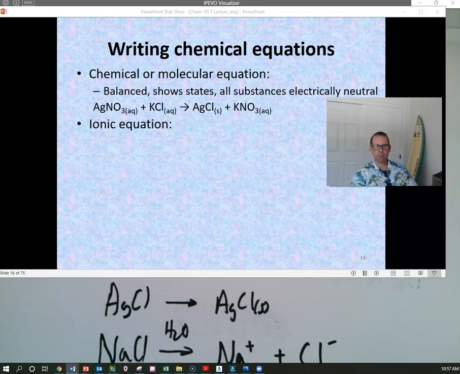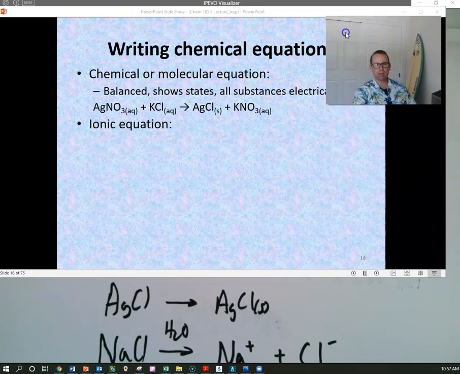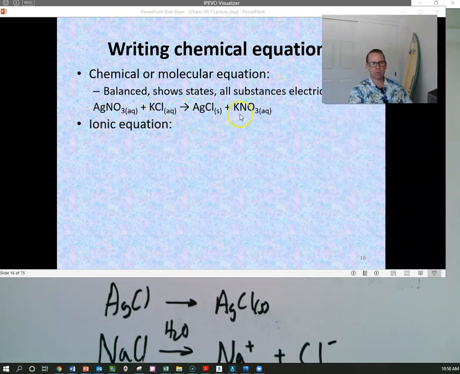And what we said before we left is we want to become familiar with how to write the ionic equation, given a chemical reaction like this. So I'm going to write the ionic equation for this reaction by looking at everything that's soluble.